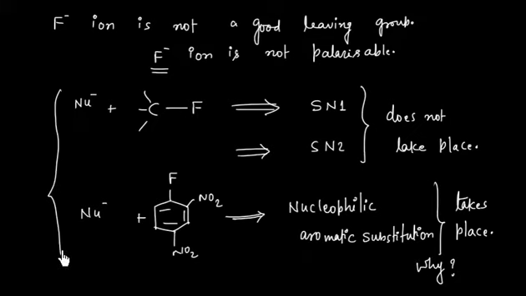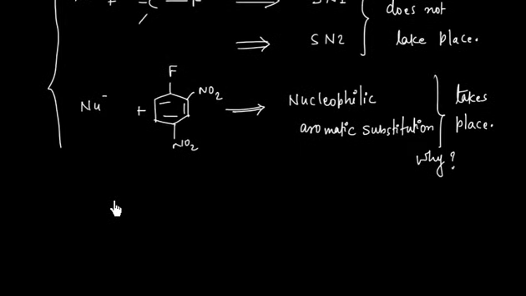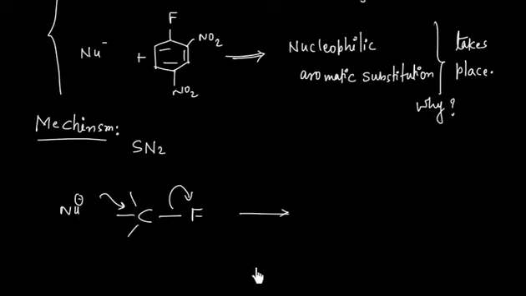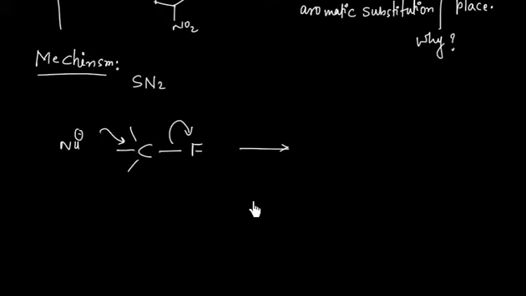So to answer this question, we have to look at the mechanism of SN1, SN2 and nucleophilic aromatic substitution. So let us discuss SN2 first. In case of SN2, the nucleophile attacks this carbon and fluoride ion goes, both happen in the same step. That is, loss of fluoride ion is part of the rate determining step.